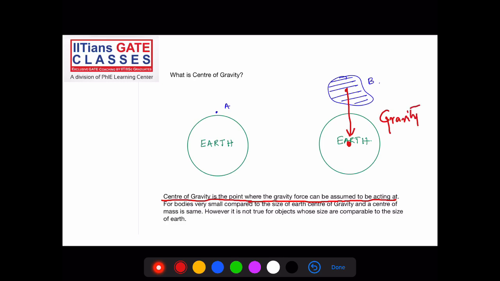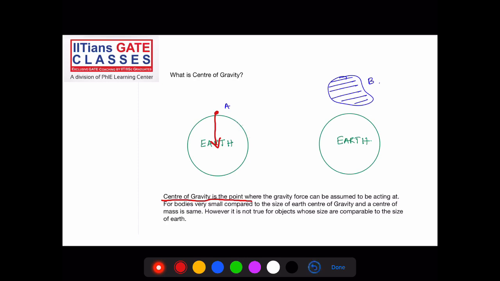Well, if the object we are considering is very small in comparison to Earth, then the force of gravity is constant. For example, for a small body, the force of gravity is constant, that is mg.